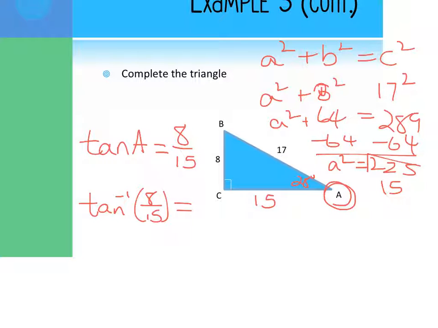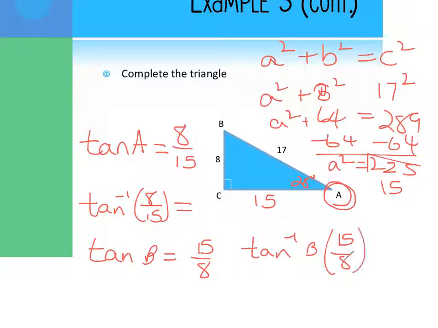If I want to just double check that I did this right, I can also do the same thing for the tangent of B. Okay, what is the trig ratio for tangent of B? 15 over 8. And then to get the angle measure for angle B, I would do tan negative 1, and I'm using, for B, 15 divided by 8.